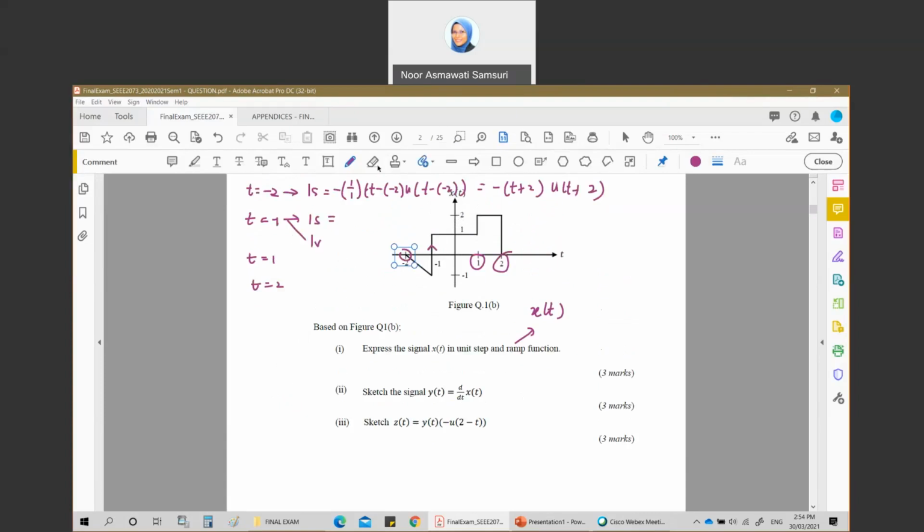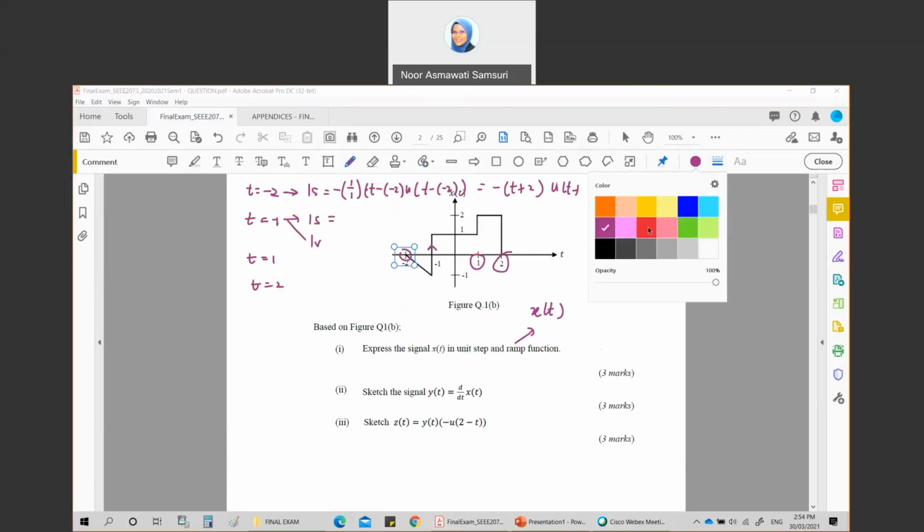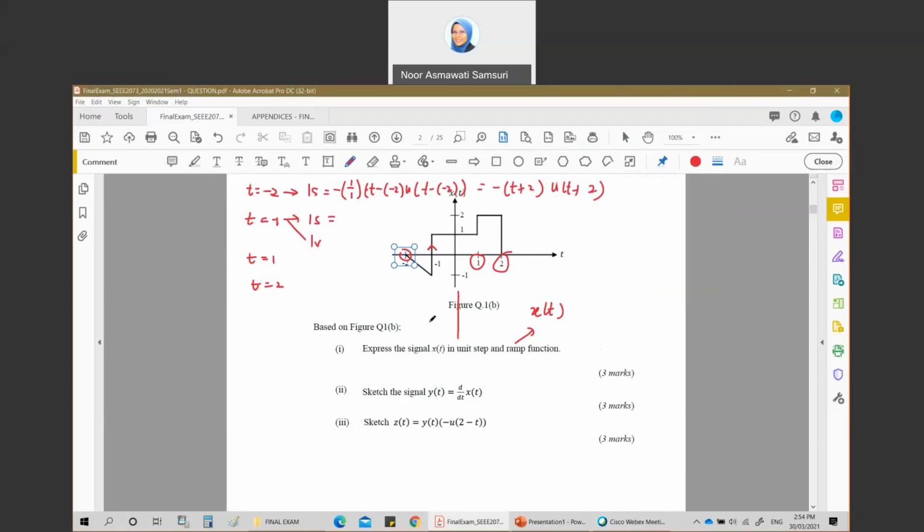So let me draw it down here. From -2 to -1, when you differentiate the slope, y equal to mx plus c, you get a constant. In this case, the gradient is 1, so it's -1. And then when you have a vertical line, the magnitude is 2, so it's going up by 2.